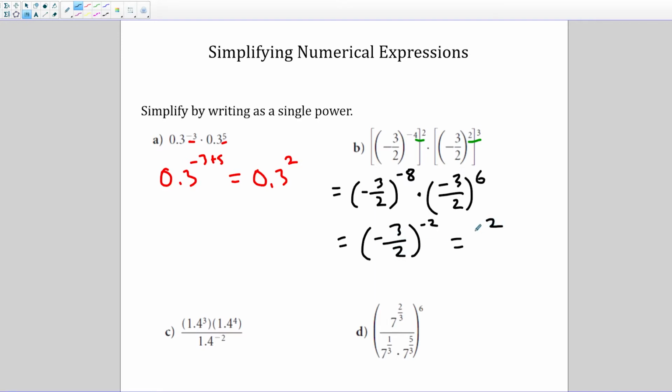So I'm going to have -2/3 on the inside, and this will now be raised to the power of 2. So technically we're done here because we have written this as a single power. We can actually go ahead and simplify this a little bit more. We can think of this as -2/3 times -2/3, which in the end gives me a positive 4/9.